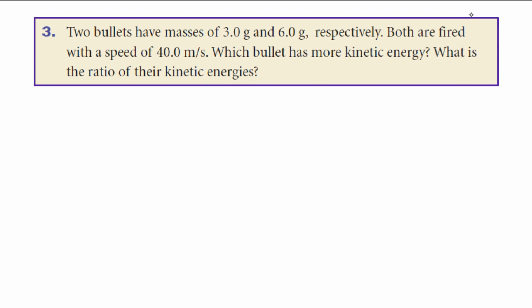Okay, number 3. 2 bullets have masses of 3 grams and 6 grams, respectively. Both are fired with a speed of 40 meters per second. So for both 1 and 2, it's 40 meters per second. Which bullet has more kinetic energy?